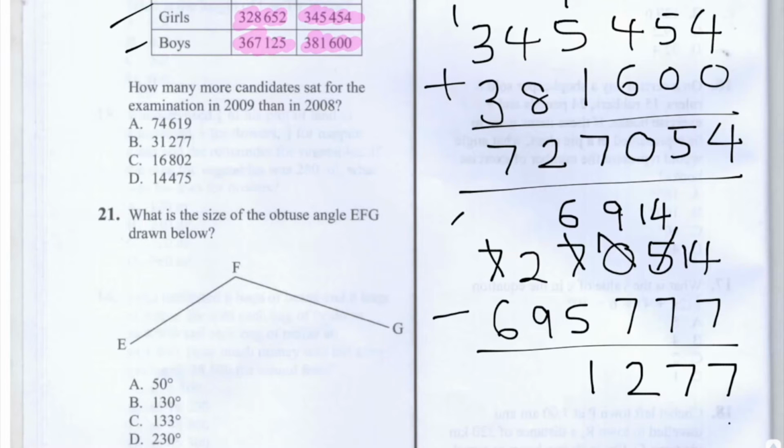So we borrow 1 from this column here. We get a 12 here, so 12 minus 9 is 3. 6 minus 6 is 0. So our total answer is 31,277. That's the additional number of candidates who took the exam in 2009 compared to 2008. So our answer here is B.